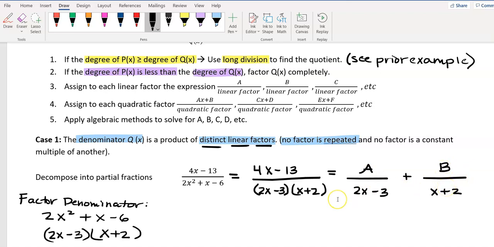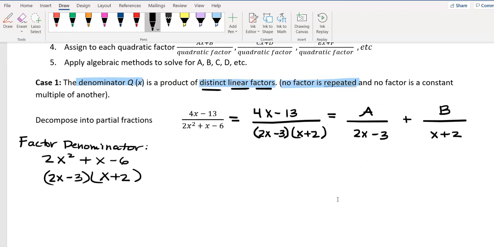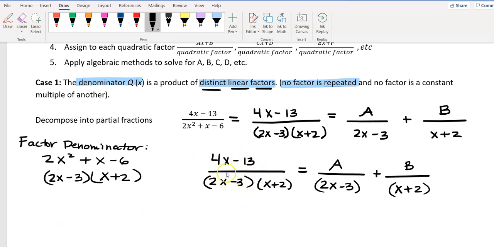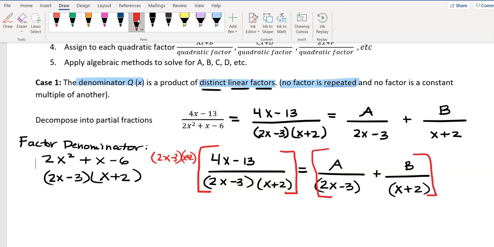All right, so now let's do some manipulation. We basically have this expression here on the left, and it's set equal to this expression here on the right. One of the ways I'm going to simplify this is take the denominator that's on the left and multiply by it. So I'm going to be multiplying by 2x minus 3 and x plus 2. And if I multiply on the left, I need to make sure to multiply on the right.